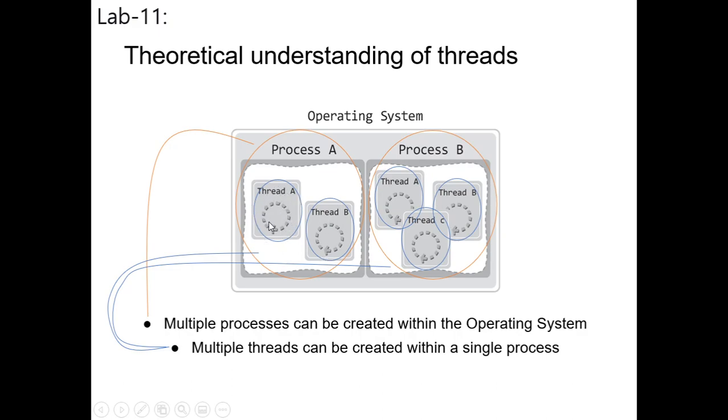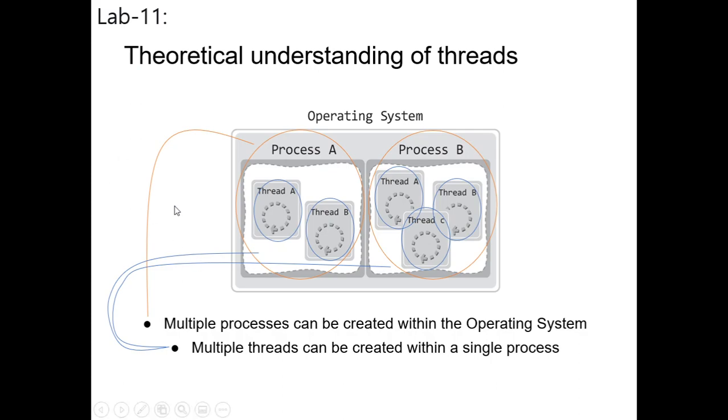So threads are the smallest possible units of execution inside the operating system, and that would lead to less overhead for a CPU by means of a smaller context switching.